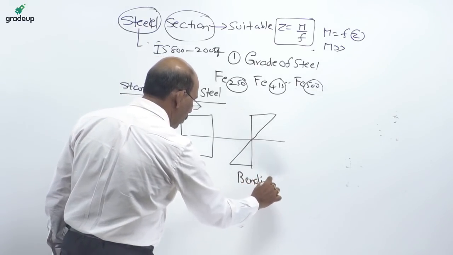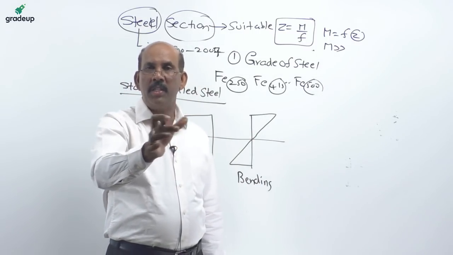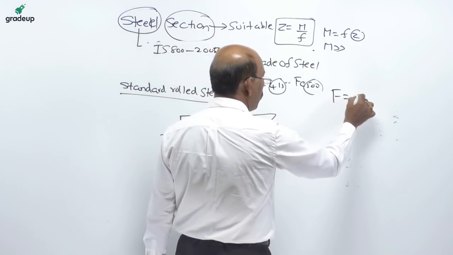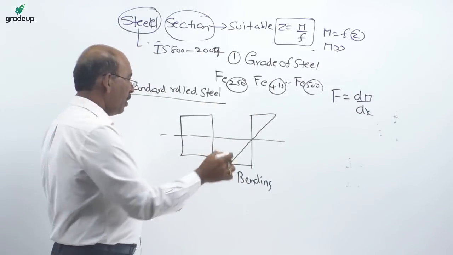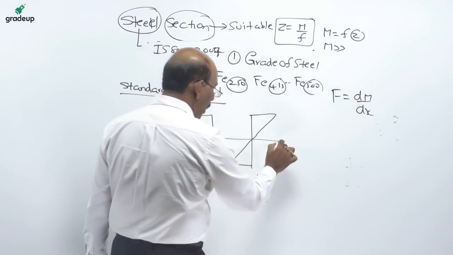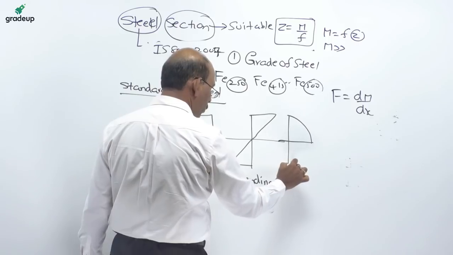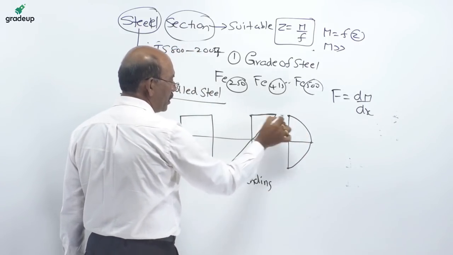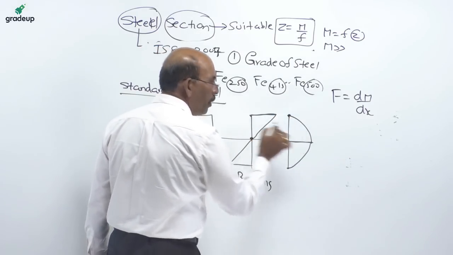The bending stress is related to the bending moment, and the relationship between shear force and bending moment is F equals dM by dx, and accordingly where the shear force or the bending is maximum, the shear stress distribution follows the equation. This is the maximum bending stress, where shear is 0; where the bending stress is 0, shear is maximum.